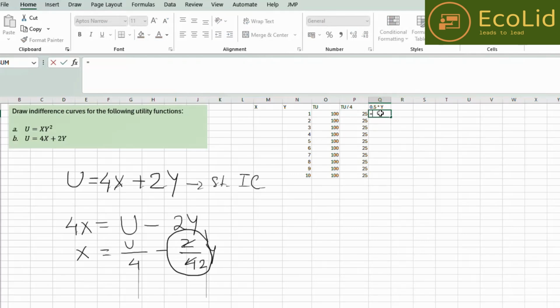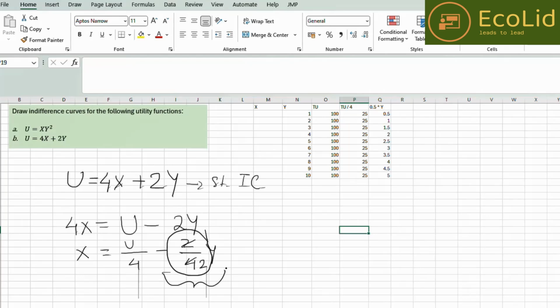So equal to 0.5 multiplied by the value of y that we have taken in this example. So for the first commodity combination, when we have adjusted the slope with the value of y, it is 0.5. Now drag and drop it. So we have identified the values for the second term of this equation.